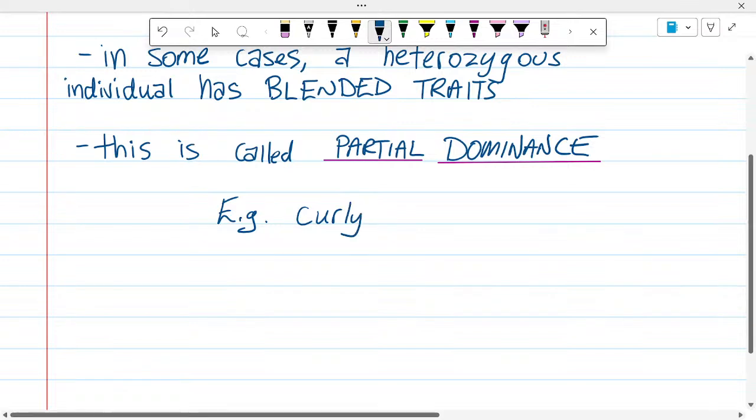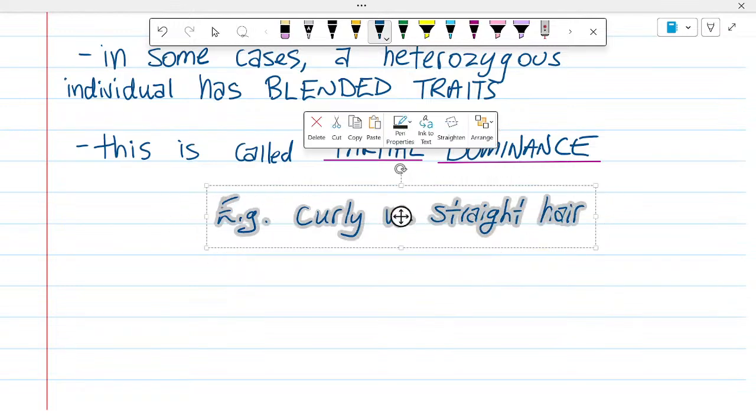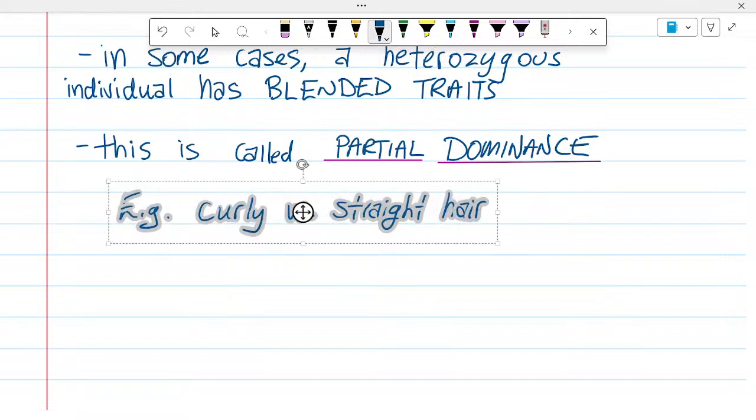So curly versus straight hair in humans. All right. And by convention, if curly was dominant and straight recessive, what would we use for the alleles? We would probably call the curly allele, if it were dominant, big C, and what would we call straight hair by that convention?